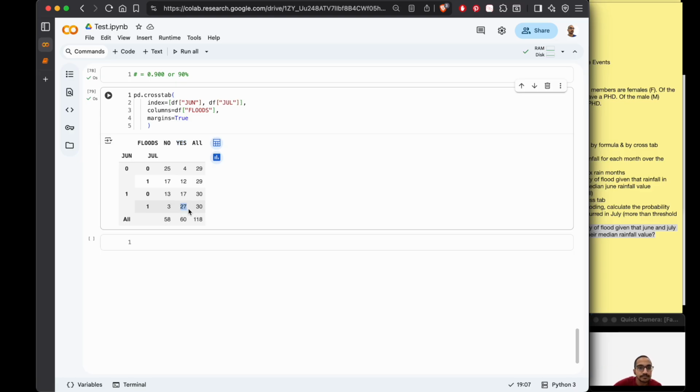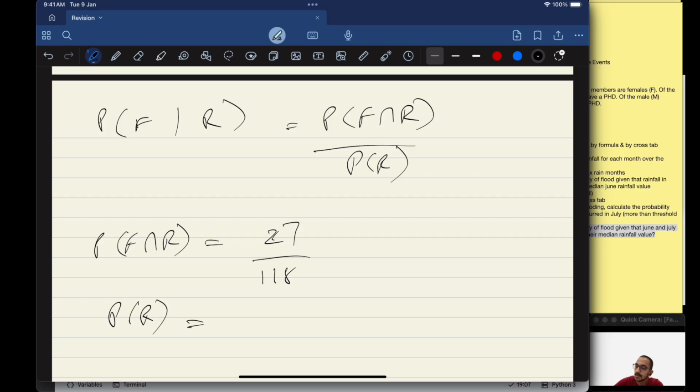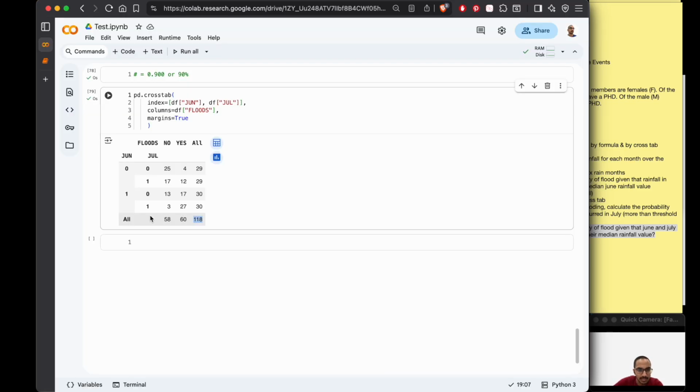So meaning both greater than the median. So that would be 27 over total is 118, right? Total is 118. Then we'll calculate P of R, which is total rain. So total rain, all greater than the median value, is 30 over 118, right?